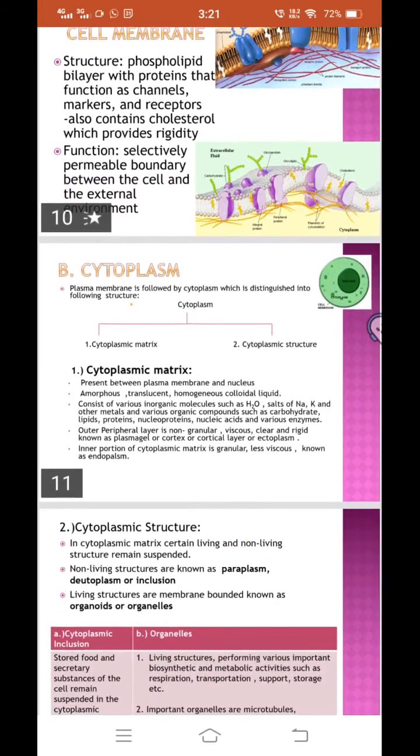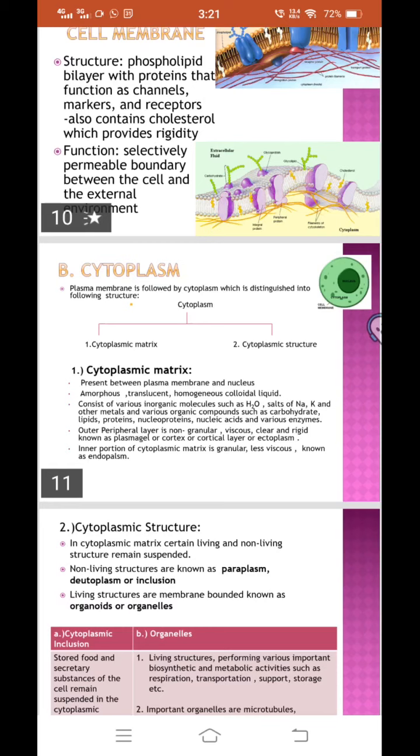Now this cytoplasmic matrix has various inorganic molecules, and the important inorganic molecule is water. It has a salt of sodium, salt of potassium, salt of other metals such as iron. Iron is a very important metal which is required by the body, required by the cell.